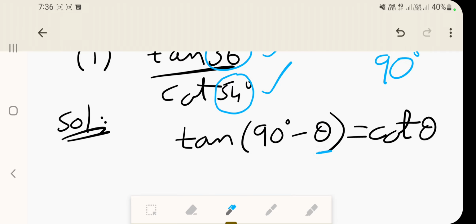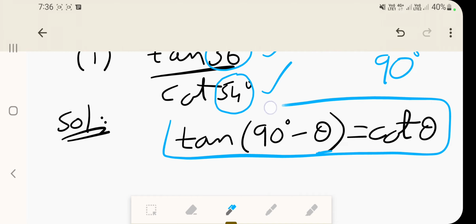This theta can be 36 or 54, either the numerator or the denominator, and we replace one with the other. So remember, tan(90 minus theta) is equal to cot theta.